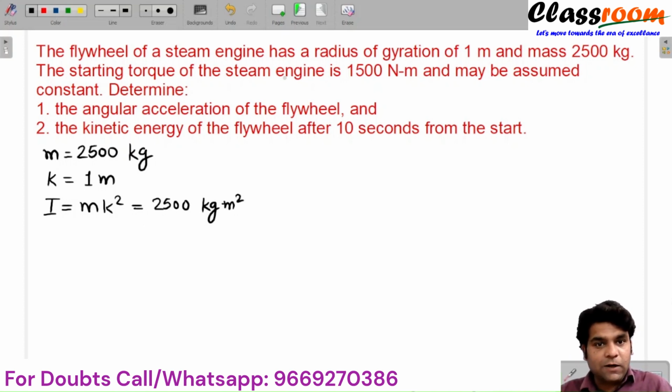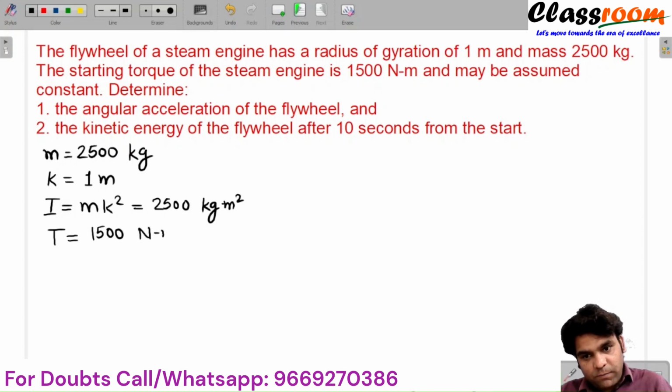The starting torque of the engine at the time of starting, T, equals 1500 Newton meter, and may be assumed constant. Determine the angular acceleration of the flywheel and the kinetic energy of the flywheel after 10 seconds.